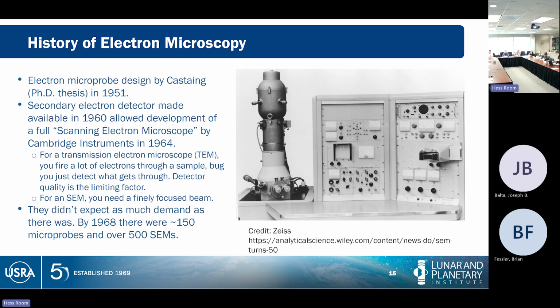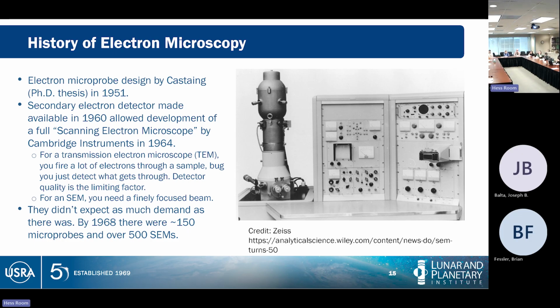The next steps were kind of delayed for 10 years, a bit of an incident. The electron microprobe, which is very closely related in design to a scanning electron microscope, was designed in a PhD thesis in the early 1950s. And the last innovation really required to make these things available was an electron detector.